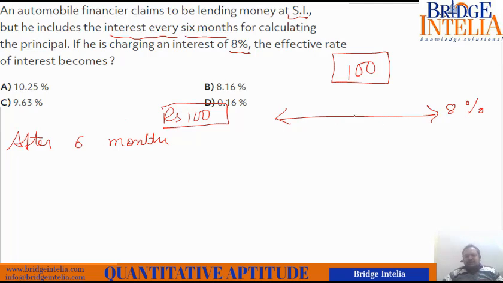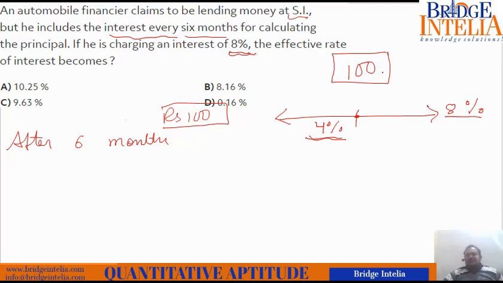So after 6 months only 4% interest is due. So after six months he would have called his customer and told him that 6 months have gone, so up till now the interest that you need to pay me is 4% of 100, because 6 months means half of a year. So 8% was for the complete year, so 4% for 6 months.